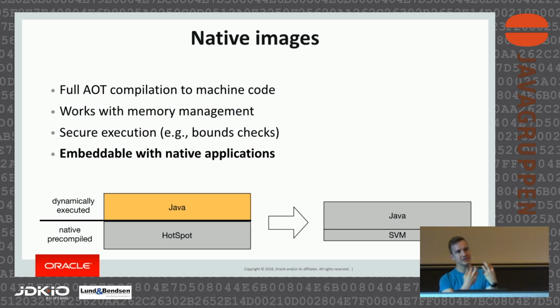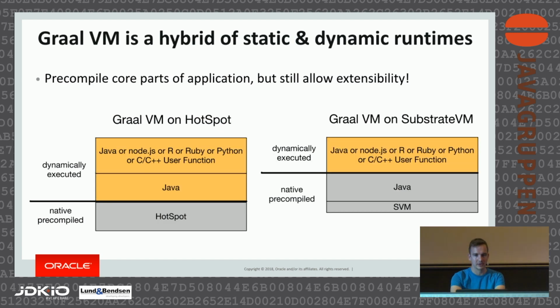So there is an implementation of a small VM called Substrate VM. It's written in Java, and it provides an implementation of garbage collection and all those necessary components. That can be compiled to native code as well. So with those two, you can create a native image out of your Java application for way faster startup.